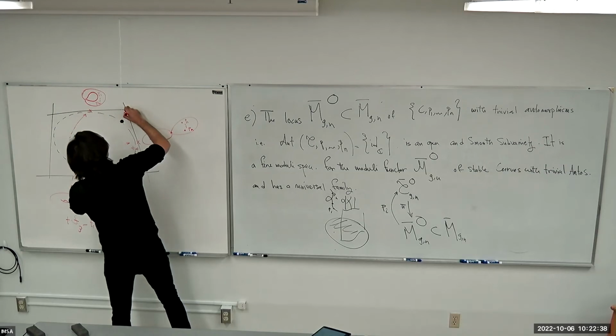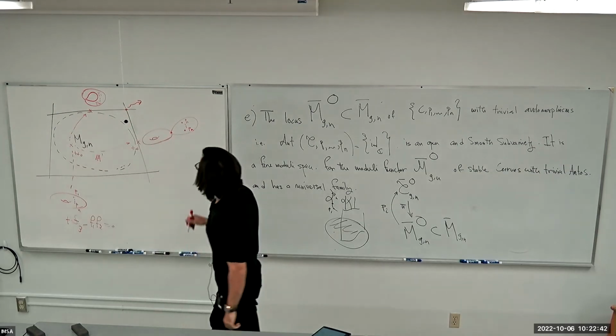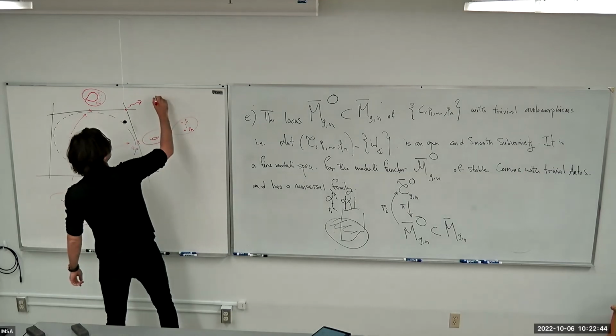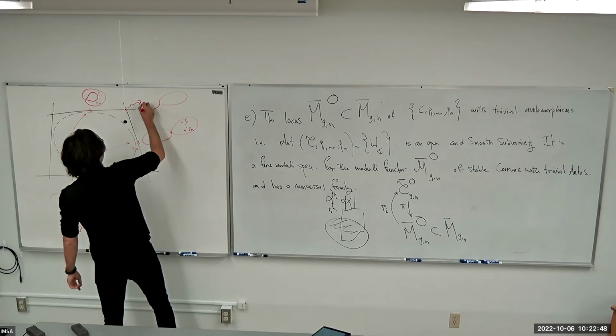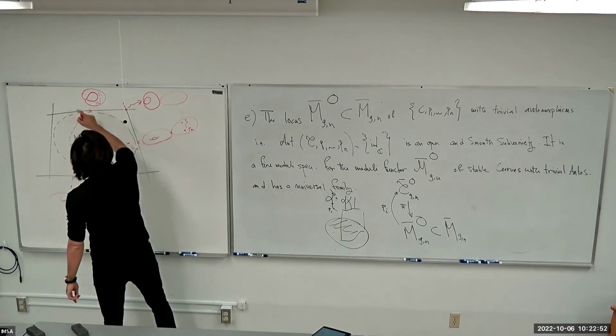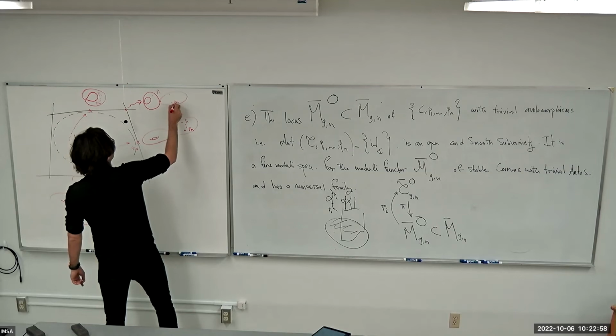And here, on this very locus of intersection of these two divisors, I will see pictures like this connected to tori with this. P1. Yeah.